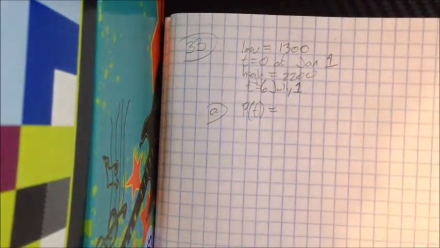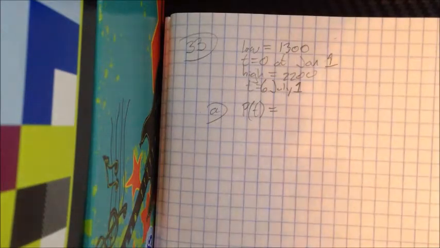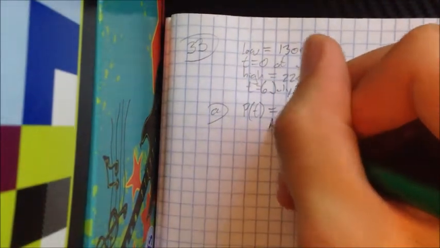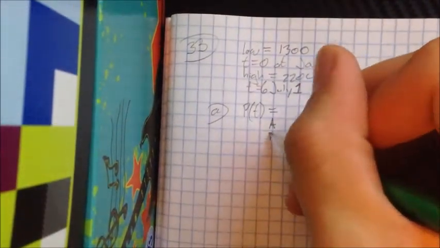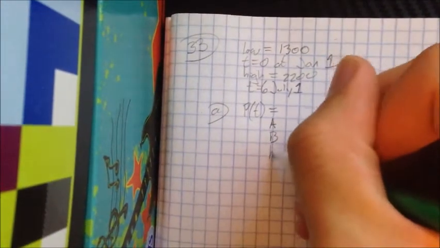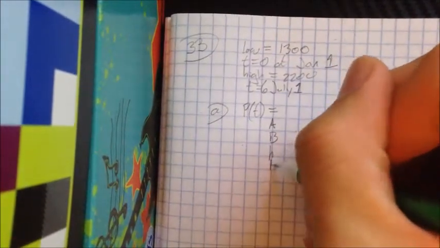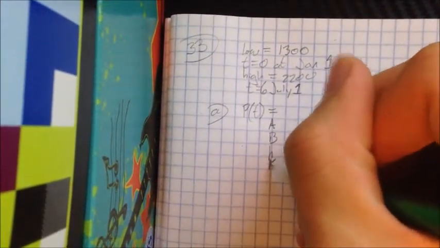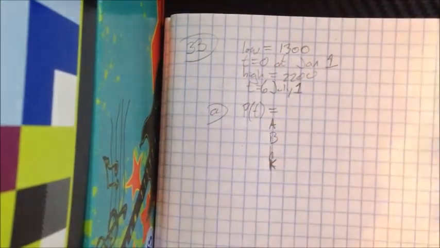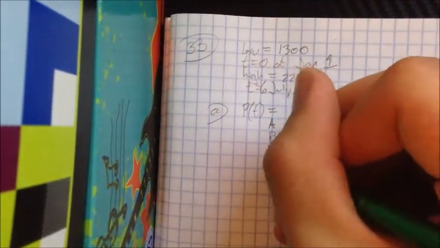So first of all, we need to find our A, B, H, and K values, right? Let me bolden these.